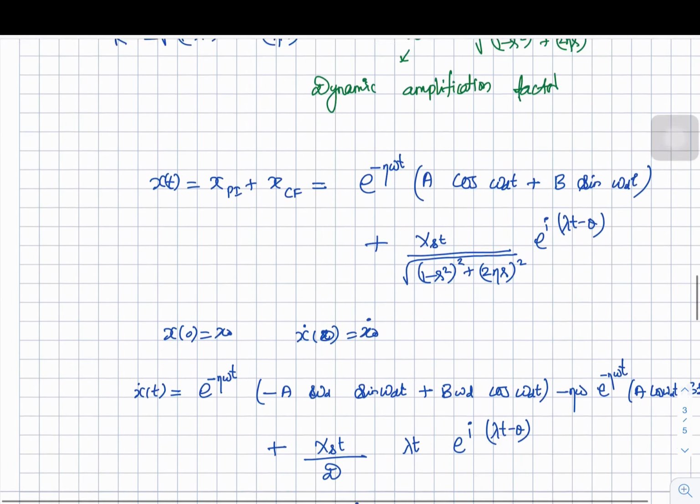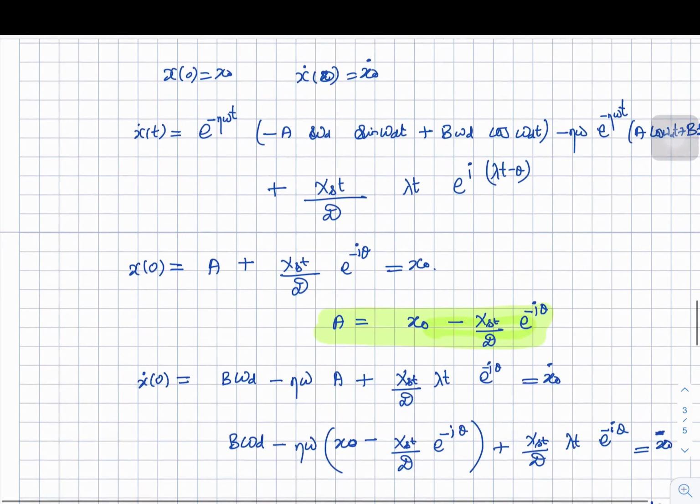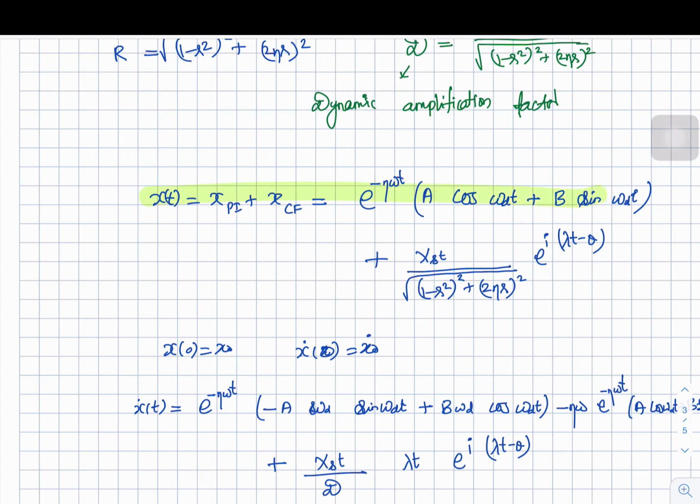So this is almost the very same as the equation we got here. Where is x of t? Yeah, we got here.